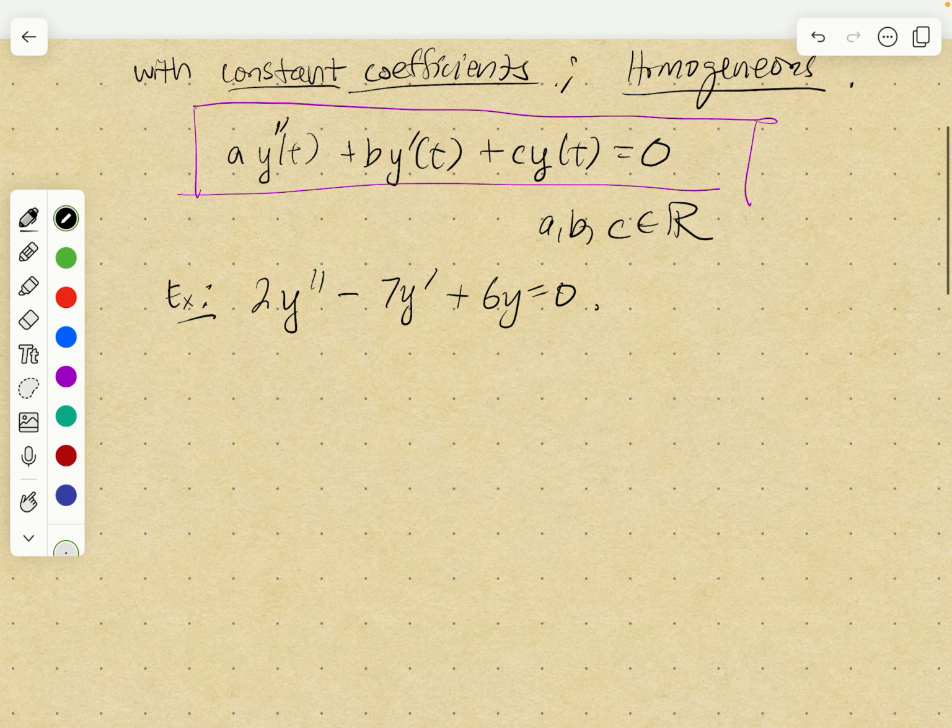And the theorem is that once you know two linearly independent functions that satisfy this equation, then you can get all of the solutions.